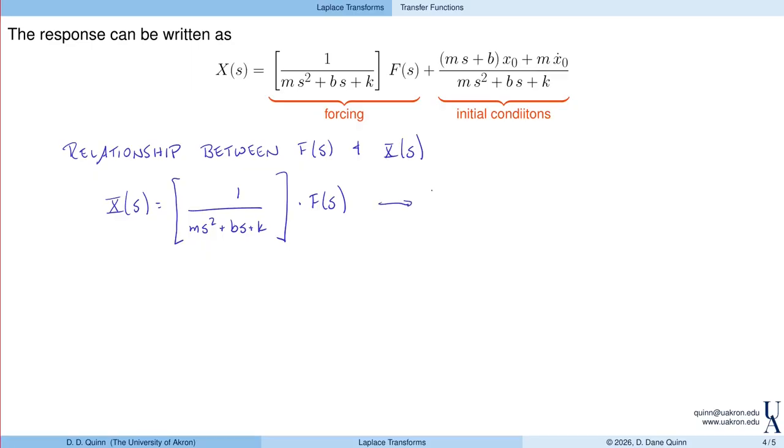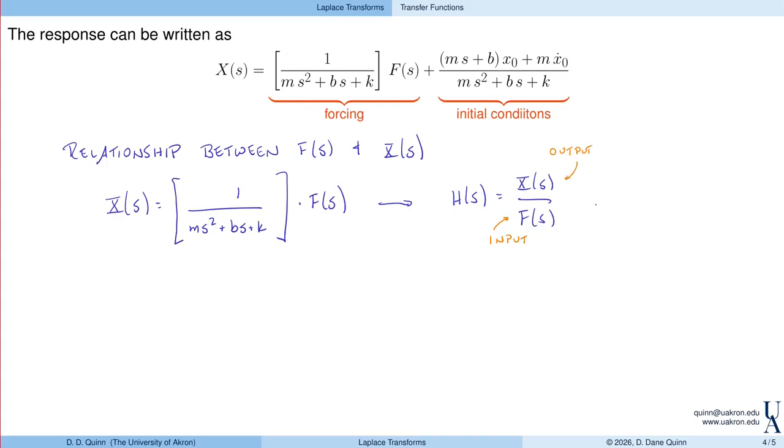So that's actually an important property of the system. And oftentimes it's written as its own term, so we'll call this h of s. Essentially, it's the ratio of the output, or the response, to the input, f of t.